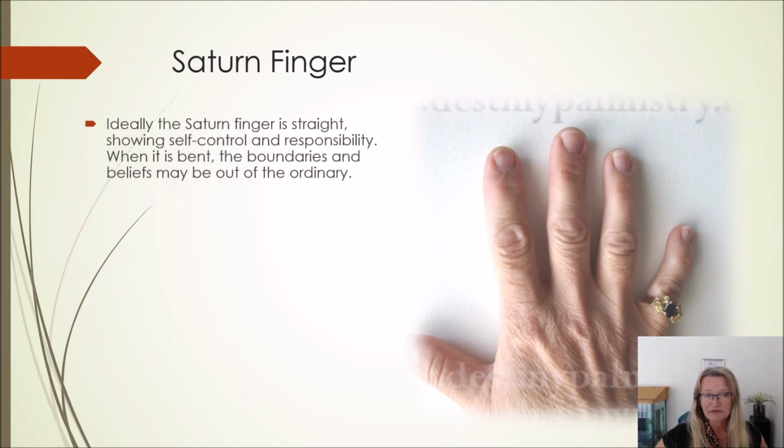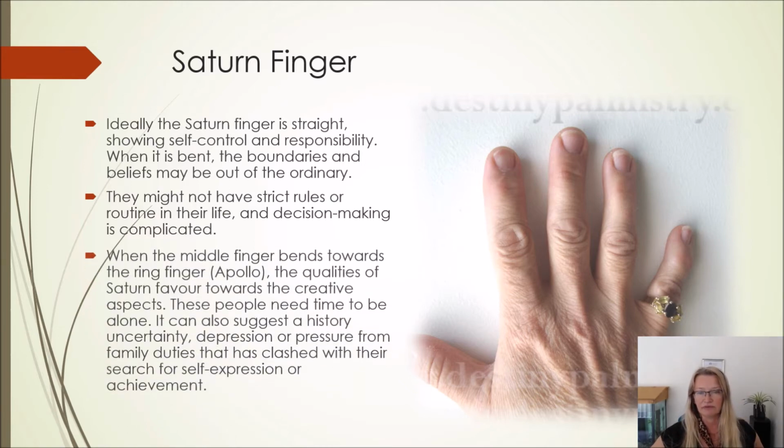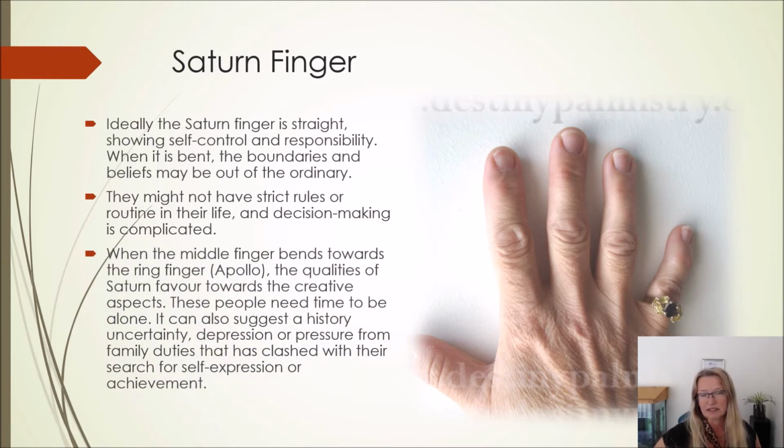So the Saturn finger, ideally, should be straight. It shows self-control and responsibility. When it's bent, the boundaries and beliefs may be a little bit out of the ordinary. The person might not have such strict rules for themselves or routine, and maybe their decision making is a little bit complicated. They might ask for the opinion of others before they make decisions.